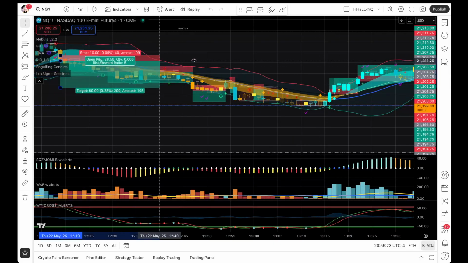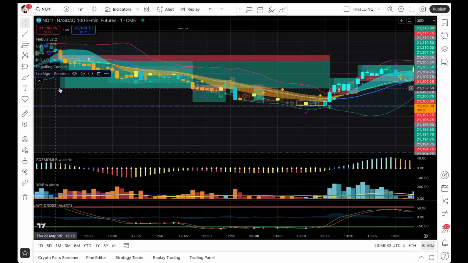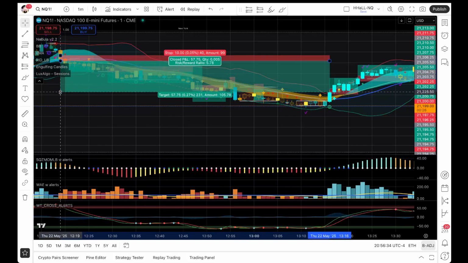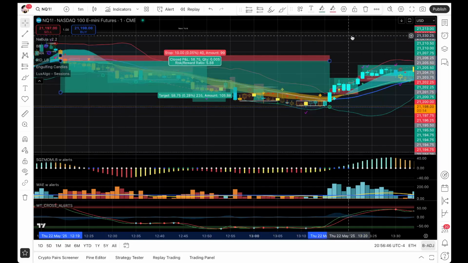So let's move that over there, and we say, well, that's 50. We could have easily got 50 right here. But if we held it open, it closed right there. That would have been 58, almost 60 points of gain. So we got our first 20 plus another 60. That's excellent gains.